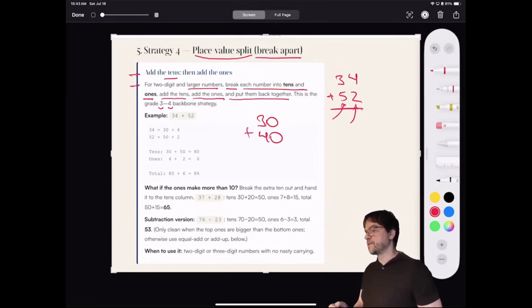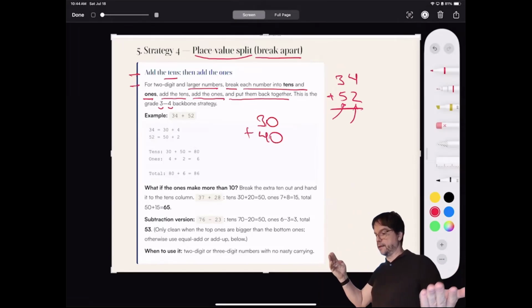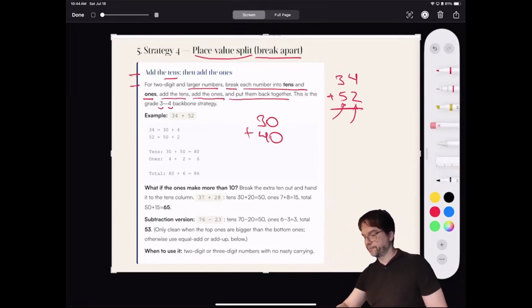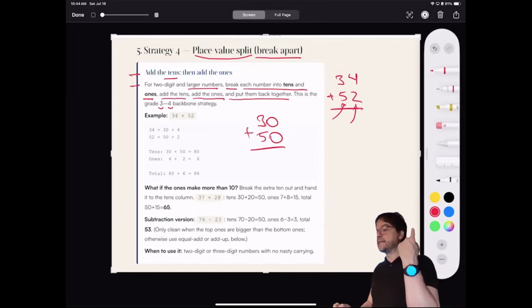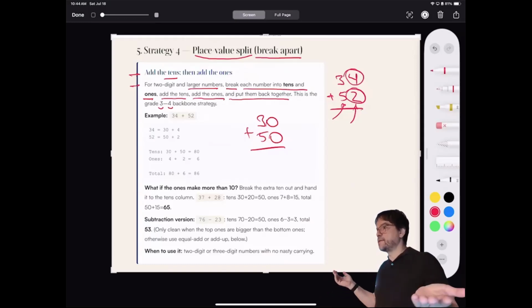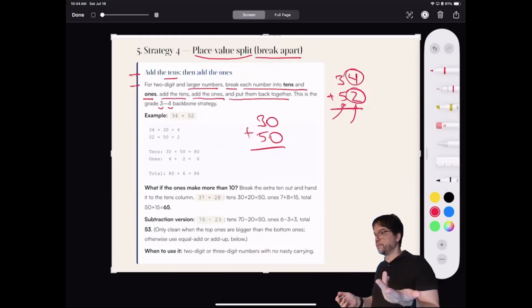Then I'm doing the ones. So 30 plus 50 in my mind is 80. But I left 4 and 2. 4 plus 2 is 6. So it's 86 in my mind. Do you agree? Okay.